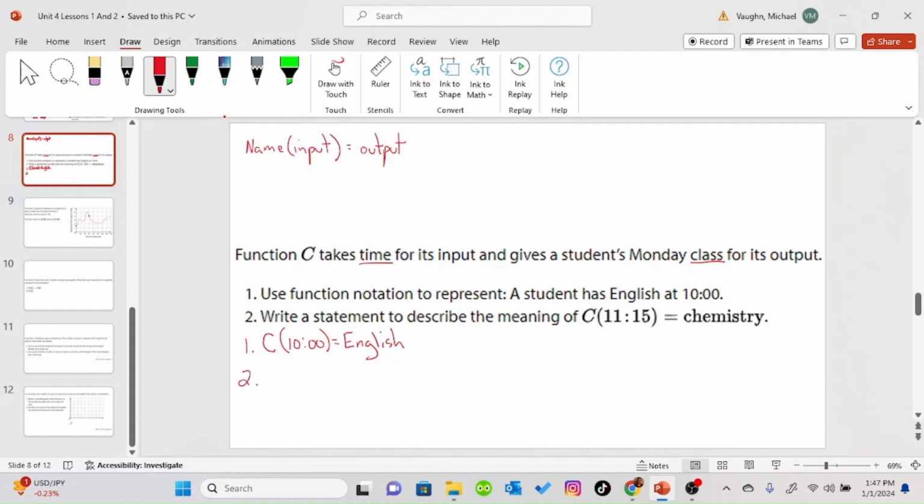Number 2 wants us to write a statement to describe the meaning of C of 11:15 equals chemistry. Well, this means a student has chemistry class instead of English at 11:15 instead of 10 o'clock.